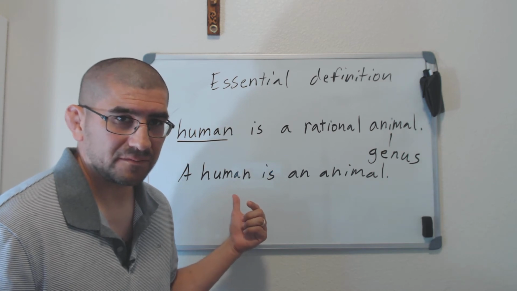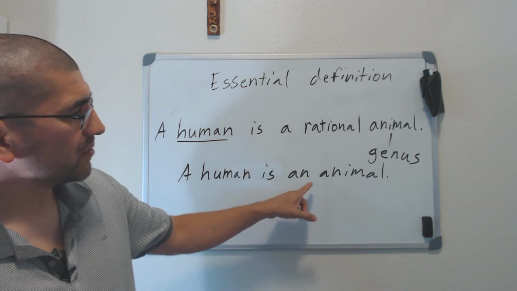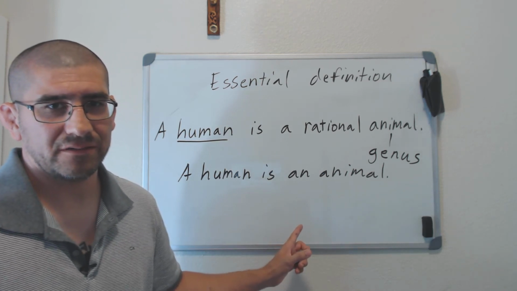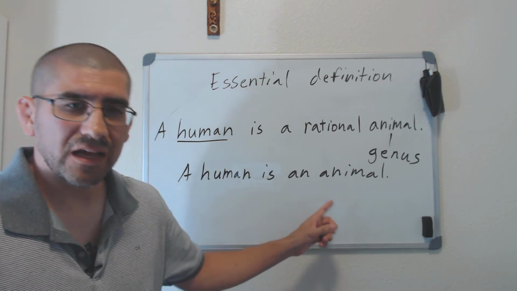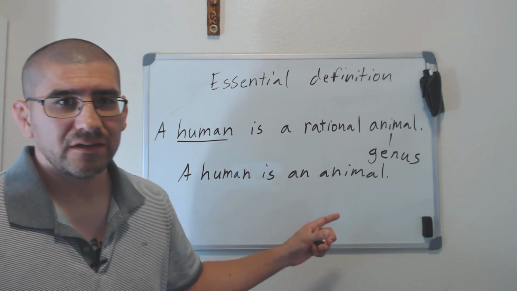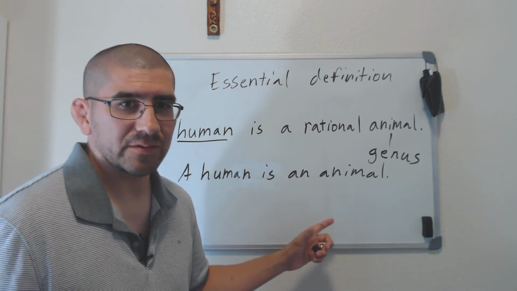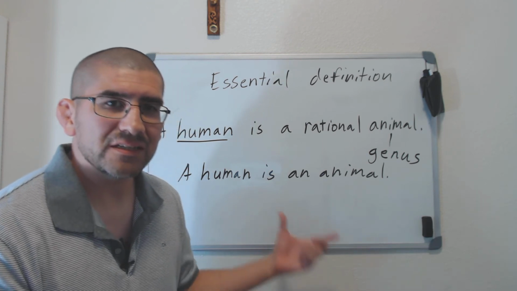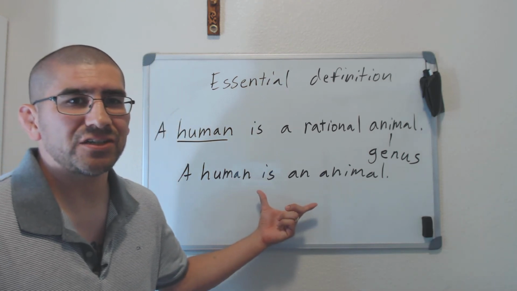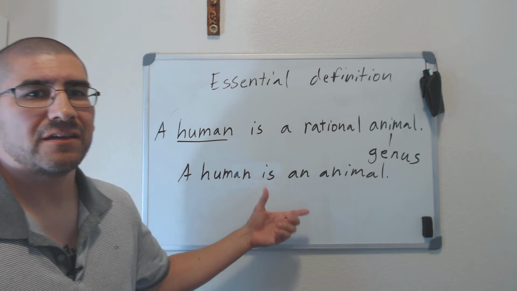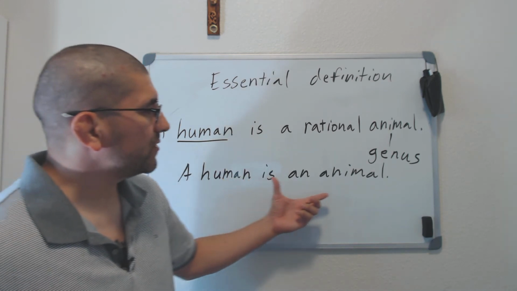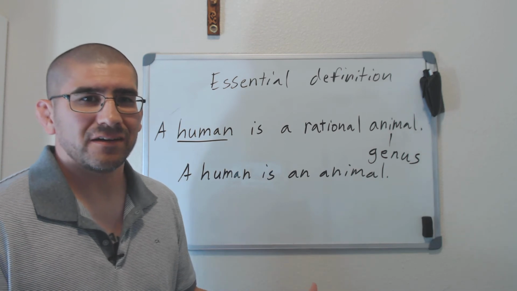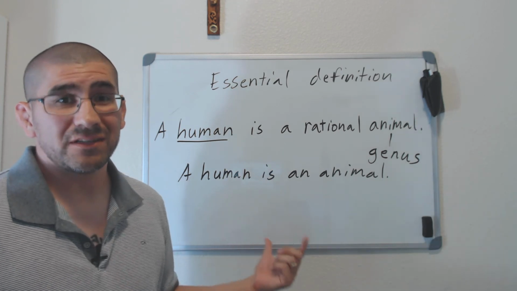This is true, but it is not an essential definition, because there's lions also that are animals. Squirrels are also animals. So we need to go further. If we just use this as our definition, we are including things that wouldn't be humans.